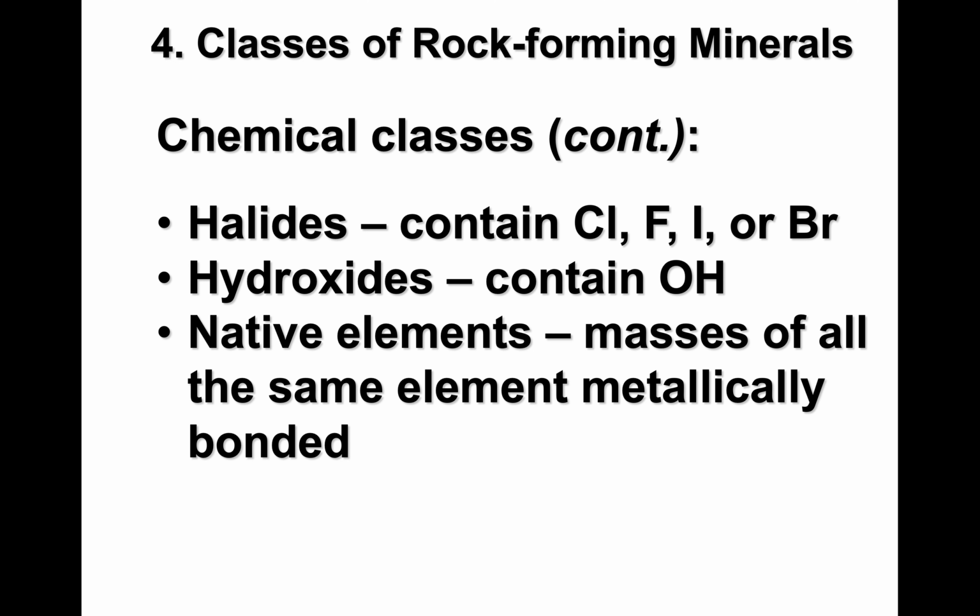Then we have also native elements, and the mass of all the same element is metallically bonded. Native elements are for example gold and copper, yeah? Or also carbon, yeah?